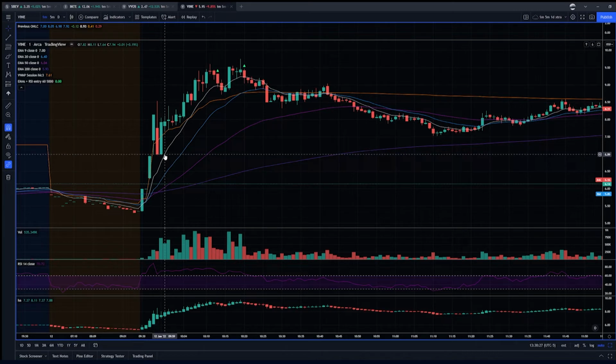It's something that happened in the past and we can no longer act on because right now the price is here. But most importantly, the value of 676 of the 9 EMA here was defined at the close of this candle, when the price was already at $7.93, almost $1 above where it actually was at the open.